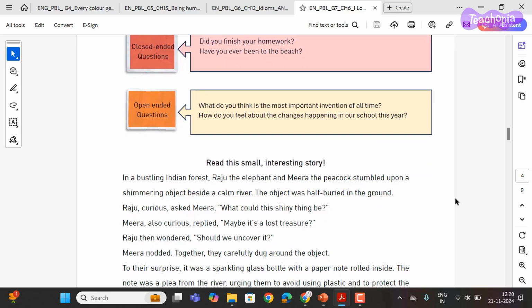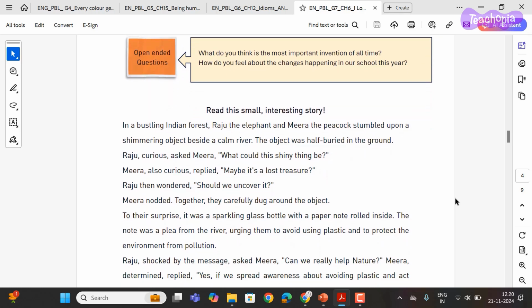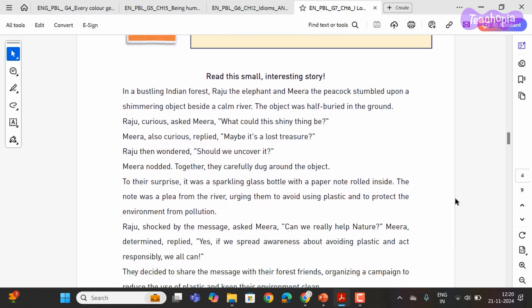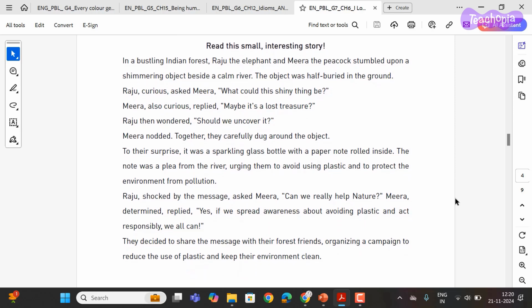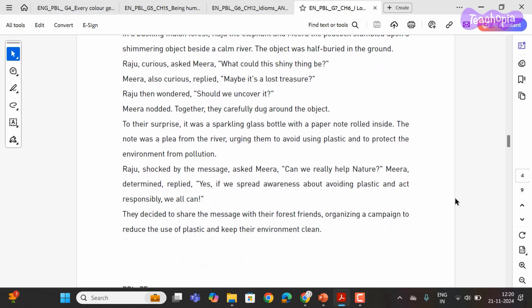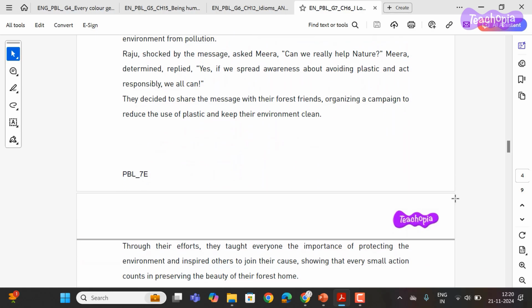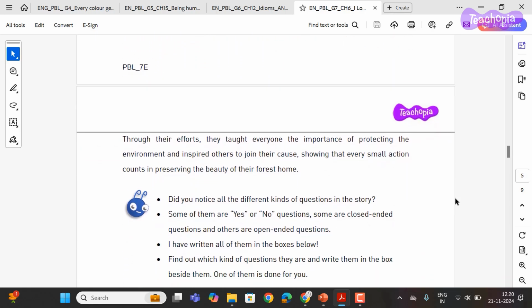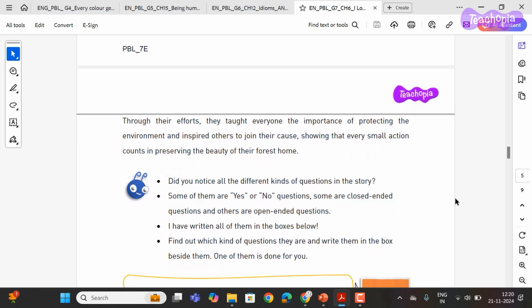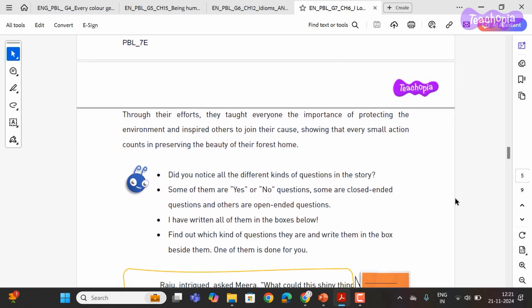The PBL then moves on to reading comprehension, which is an interesting story about Raju and Meera. There are a few questions that you need to think about after the story.